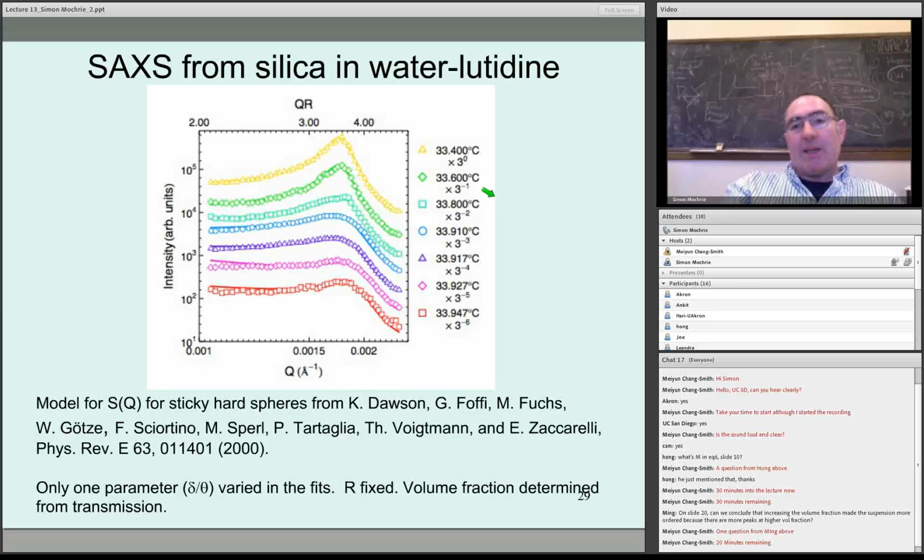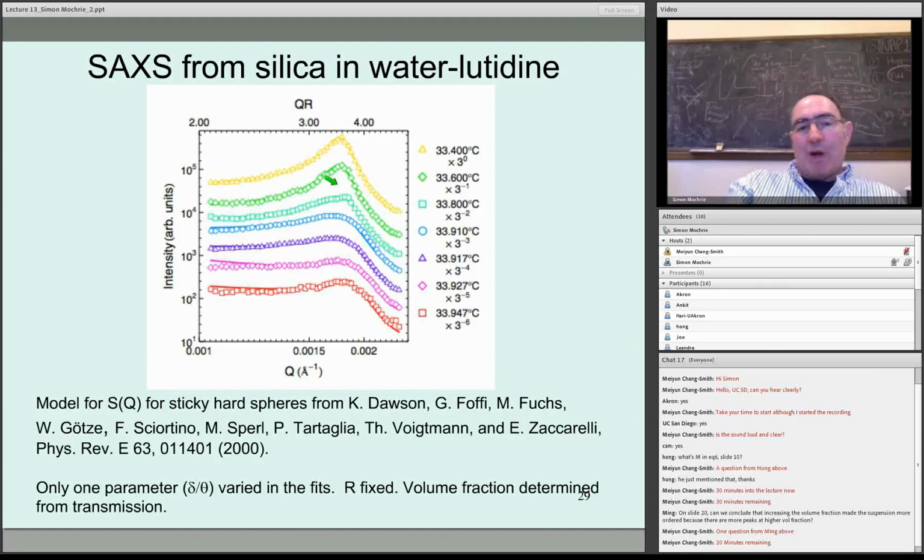One way to see that is through the static structure factor. As you increase the temperature, this is the lowest temperature, that's to say the weakest attraction. You have a scattering that looks pretty much like what you expect to get from hard spheres.